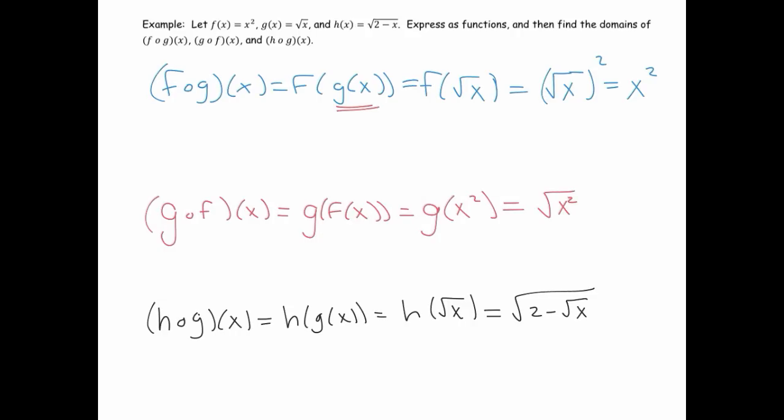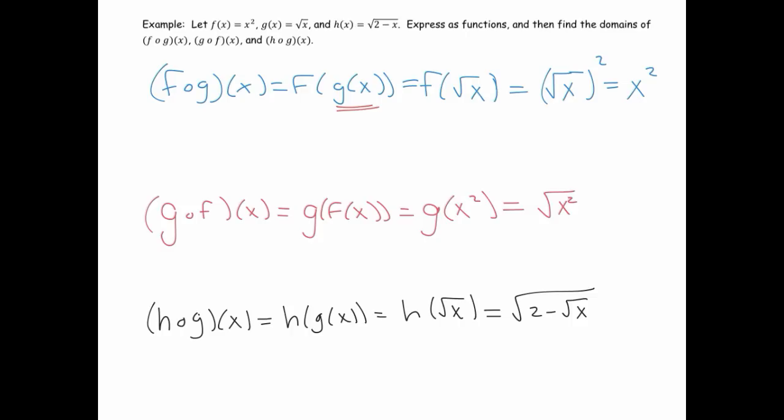When you do g of negative 2, the first thing you're going to do is take the square root of that, and the square root of negative 2 doesn't exist. So f can't take the square root of negative 2 as an input, because the square root of negative 2 is not a real number. So negative 2 is not in the domain of g of x, so it can't be in the domain of f of g of x.